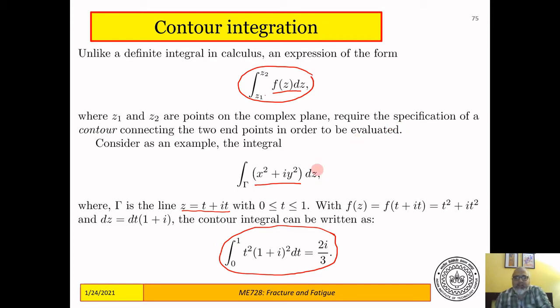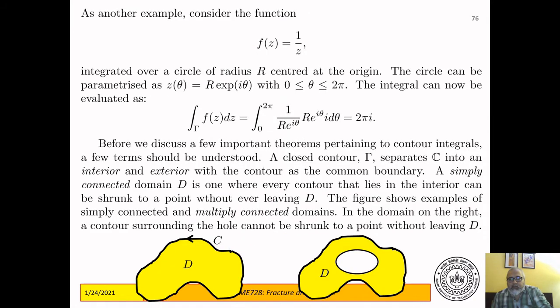What I have done is I know that I'm going along z equal to t plus it. Therefore, dz is (1 plus i) dt. It's usual integration, and I evaluate f(z), which is this, and I do the integral.